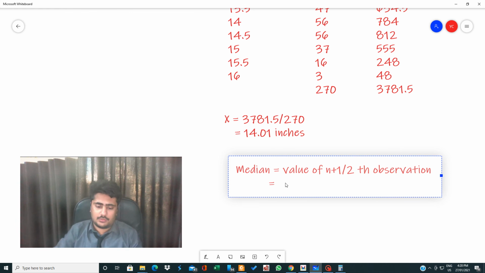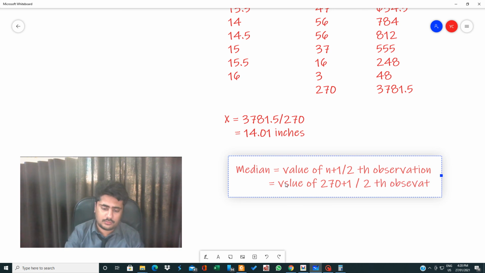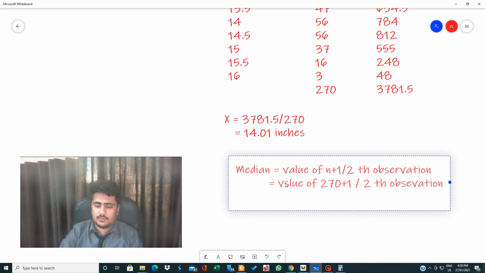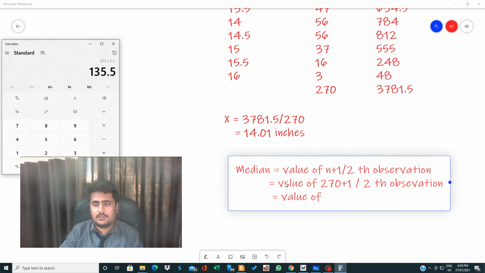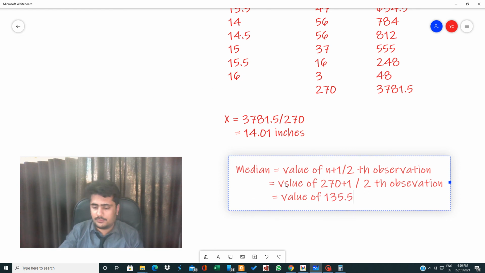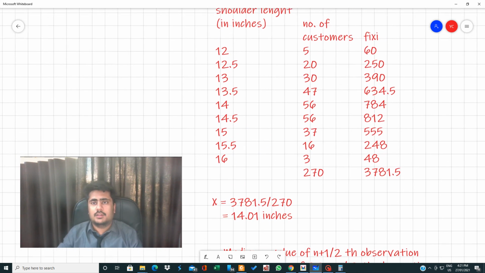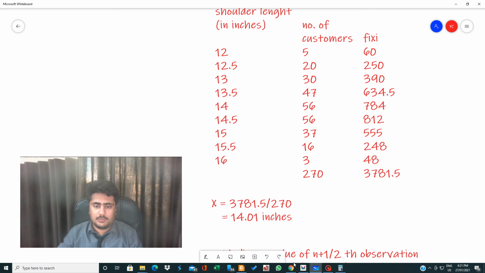So this is the value of 270 plus 1 upon 2th observation. This is the value of 271 upon 2, 135.5. Now this 135.5 will be in the CF.